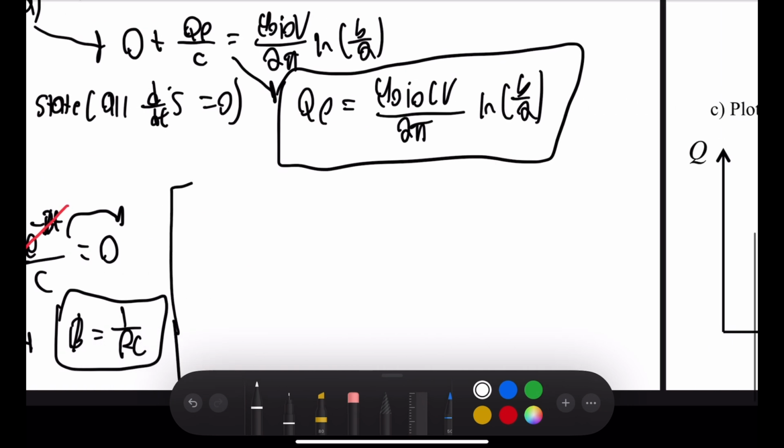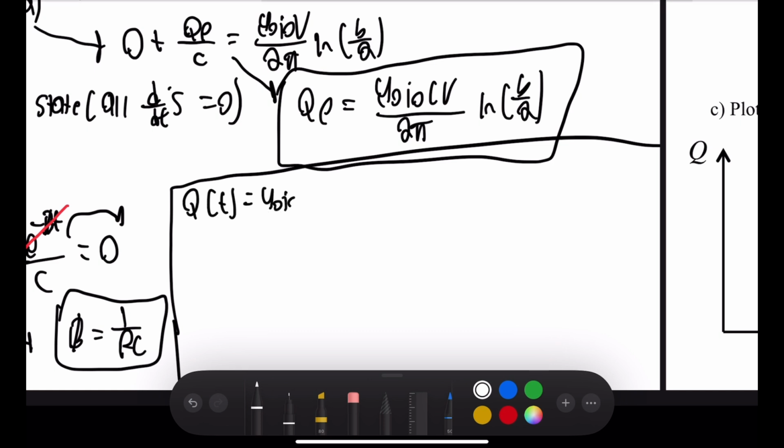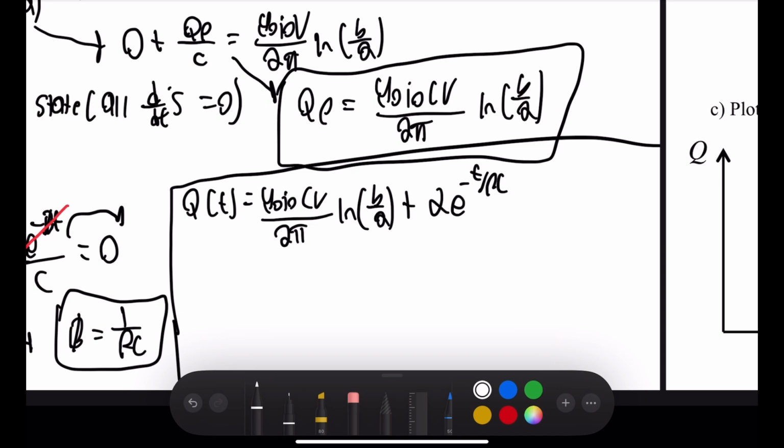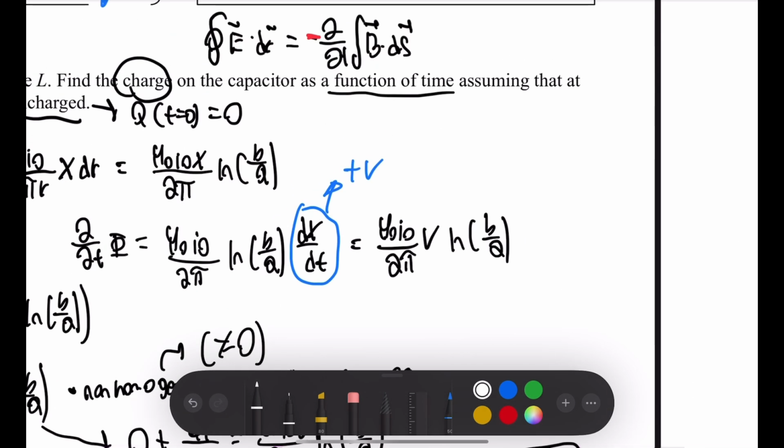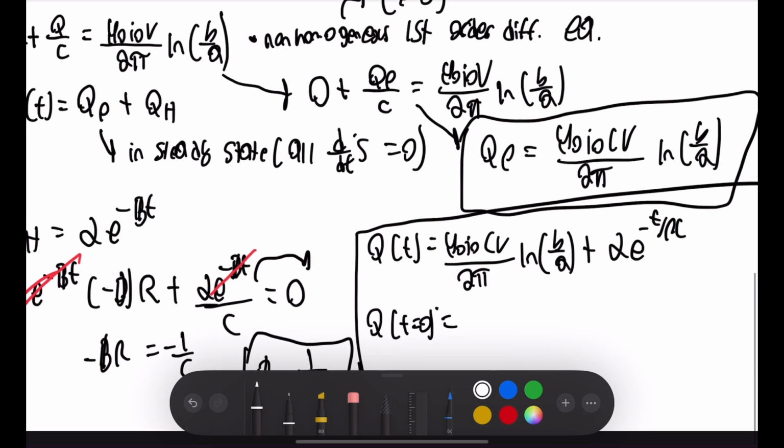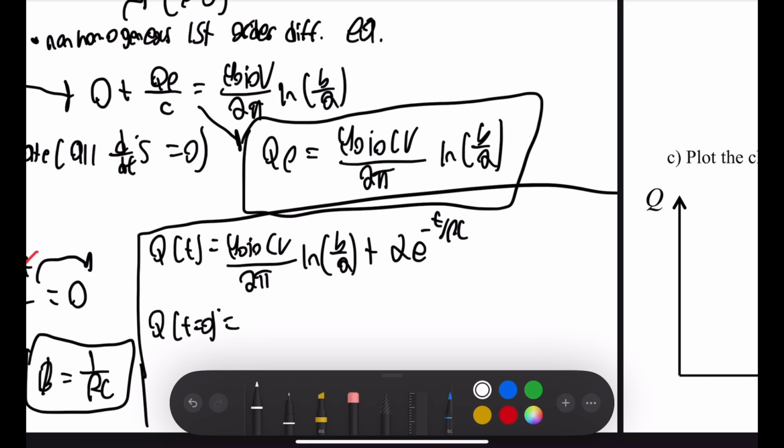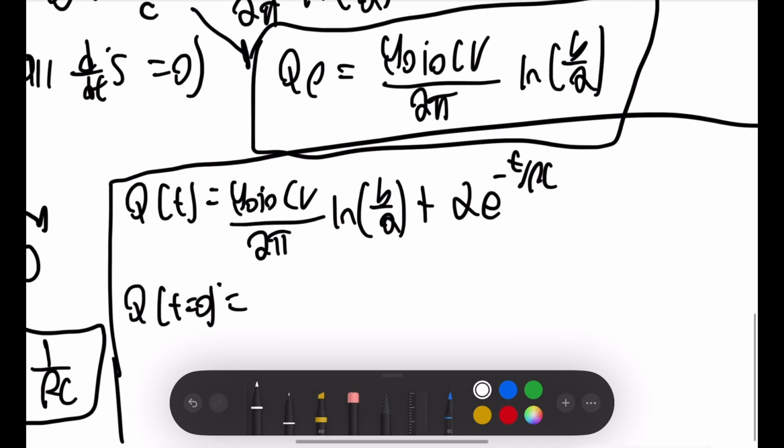The last thing you have to do is plug everything together and then use your initial condition to find alpha. So we said q at t was q particular, which is mu naught I naught CV over 2 pi ln of b over a, plus q homogeneous, which is alpha e to the negative beta t, which is negative t over RC. And now we use our initial condition to find alpha. At t equal to 0, we were told that the capacitor was uncharged. So we plug in 0 everywhere we see t, and then set that equal to 0.